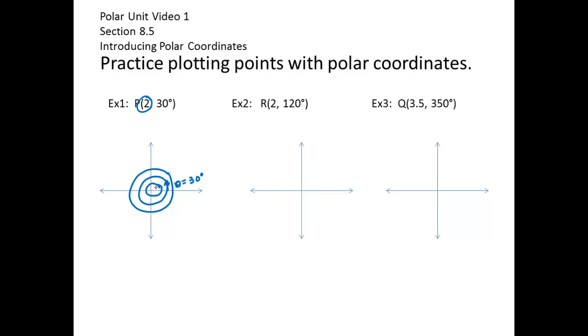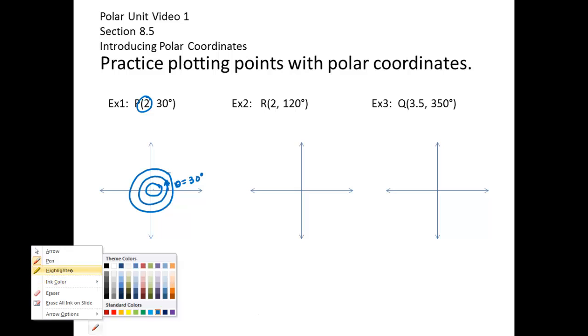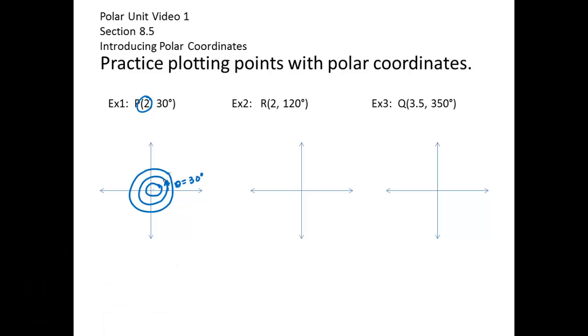So this has a radius of 1. This second one has a radius of 2. So the point that I'm going to plot is 30 degrees from the positive x-axis and is on the second radial circle from the origin. So this would be point P, the second radius.